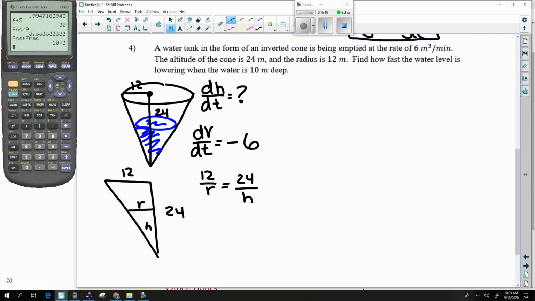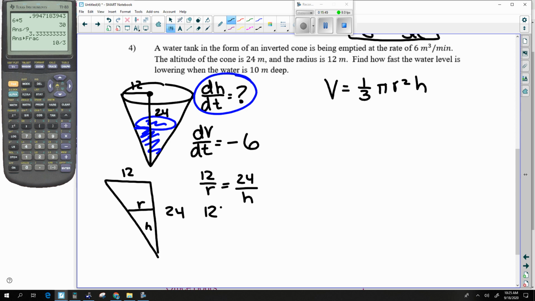So if I take the volume of the water, don't think of the cone, think of the water. The volume of the water is 1/3 base pi r squared times height. That's the volume of the water. And so what ultimately is the question asking for? It's asking for things that are related with H. So I want to keep all the H's and get rid of all the R's.